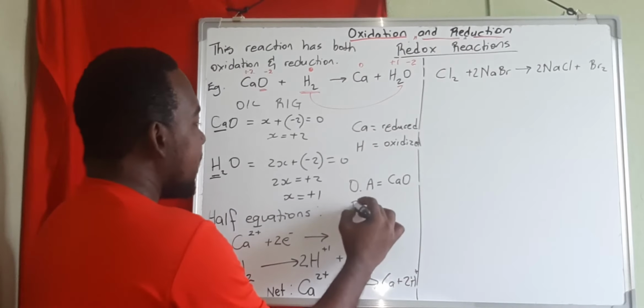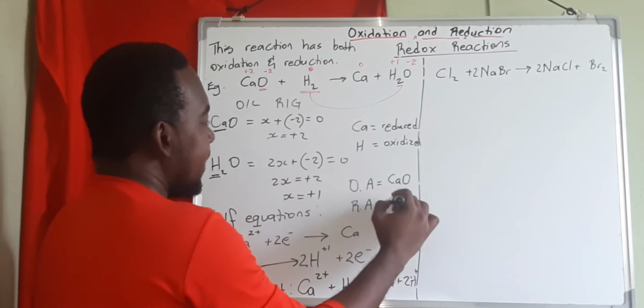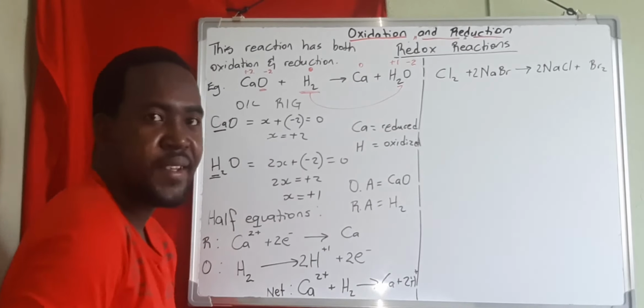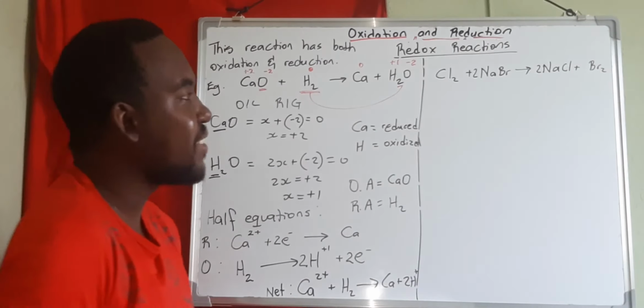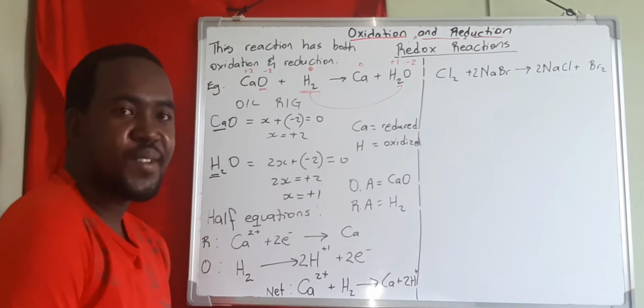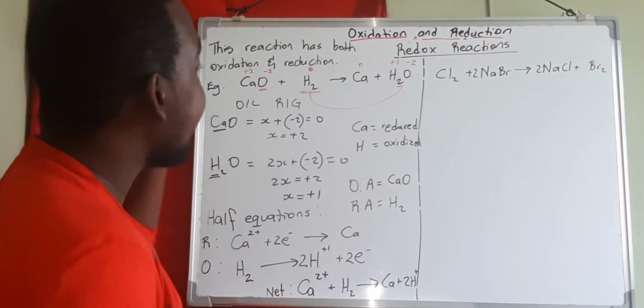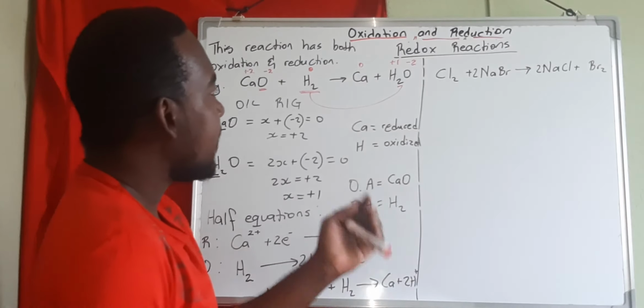And then the reducing agent, RA, would be your hydrogen. So let's use this principle now to work on the next one, because we notice that this one does not have oxygen, so we can't just look at it and say this one is reduced, this one is oxidized. So let's go.